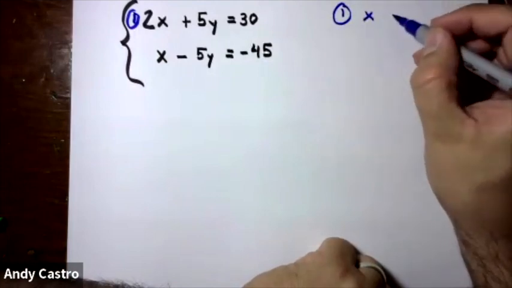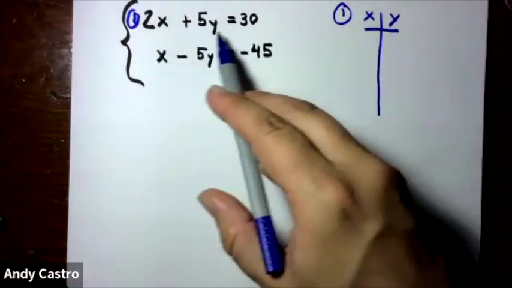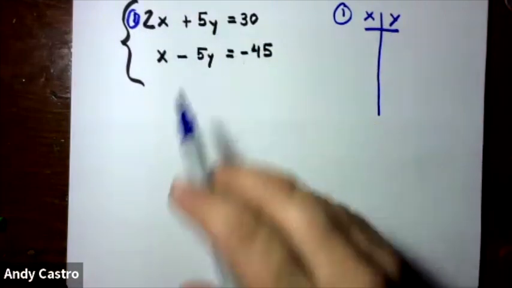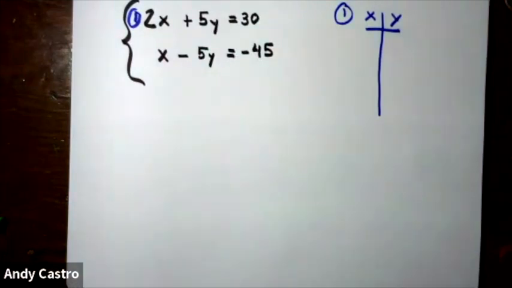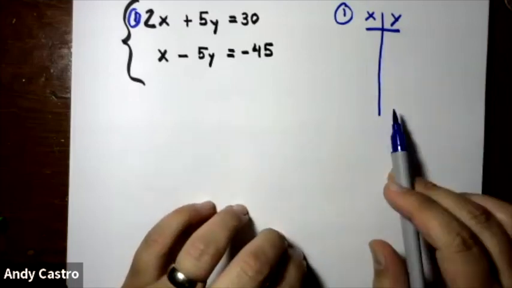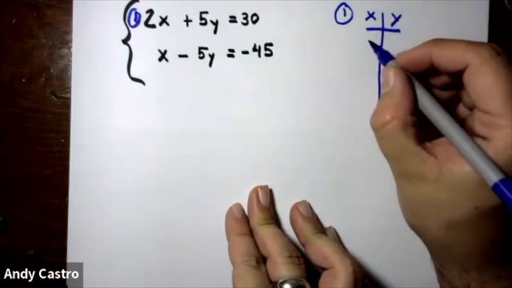So I'm going to have an x and a y. I can algebraically solve this for y and turn it into slope-intercept form. That is also a valid way to solve these if you want. I'm also showing you that you can just make ordered pairs. Either way is fine.